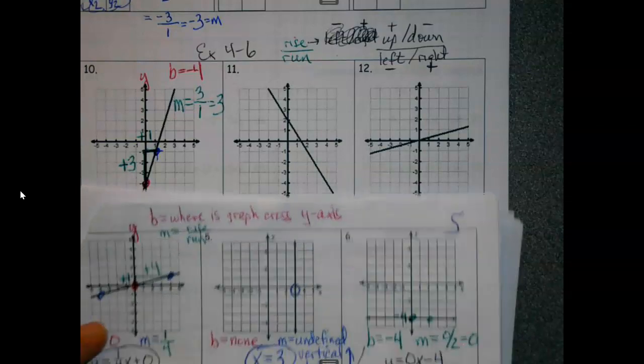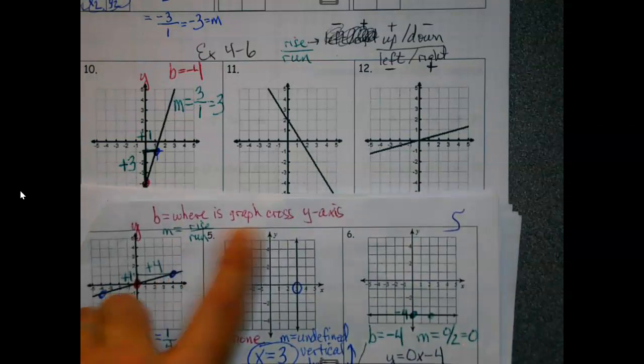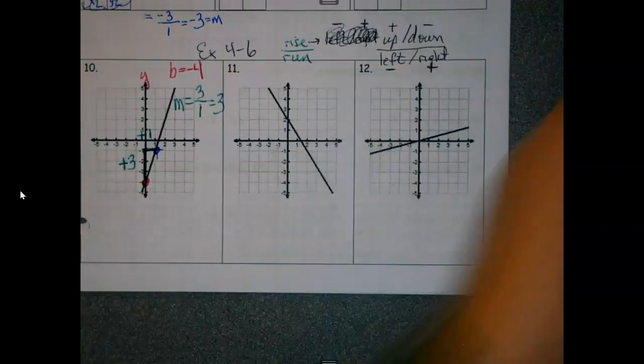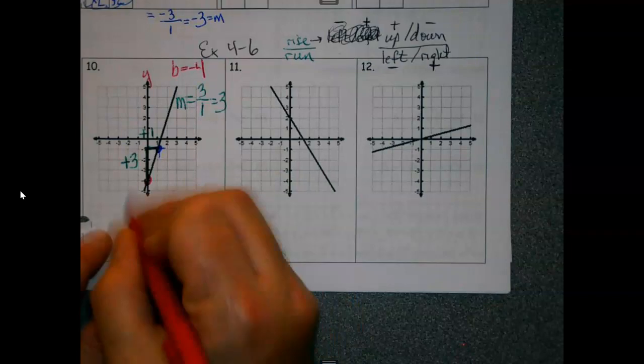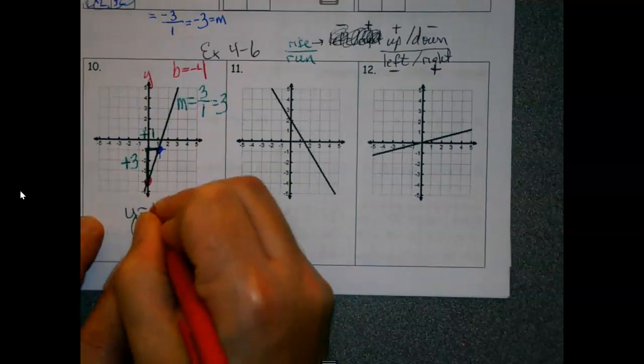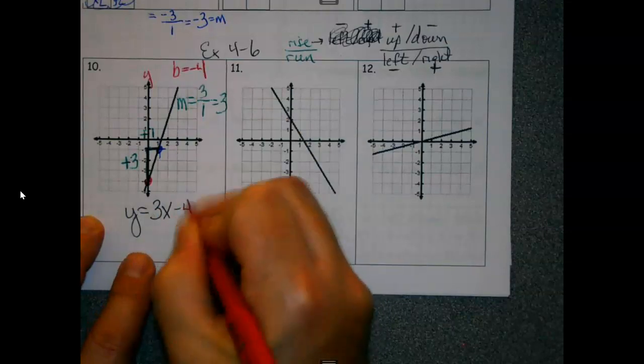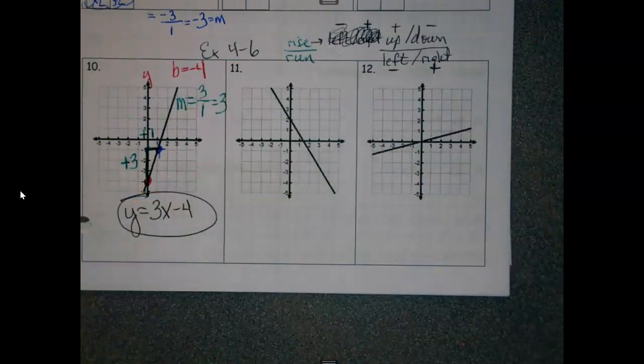So even if you wanted to on your notes where we did rise over run, if you wanted to jot that down there sometime, it probably wouldn't be a bad idea. So y equals mx plus b just means keep the sign of b.